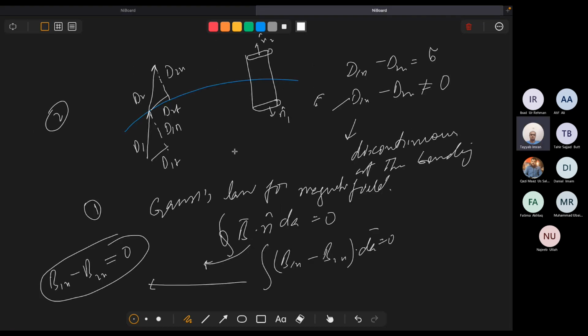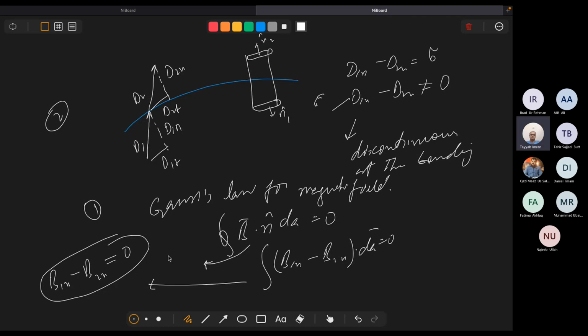And if we take normal components, the electric field is discontinuous and the magnetic field is continuous. Okay. So these were some basic boundary conditions. More will come later on.